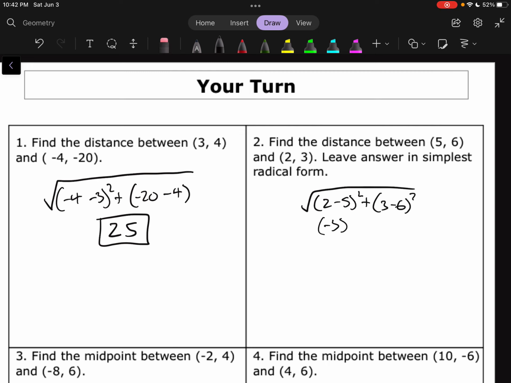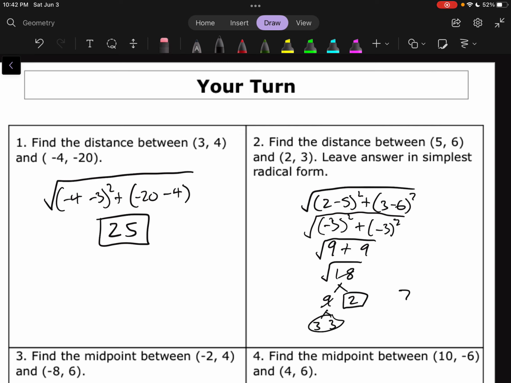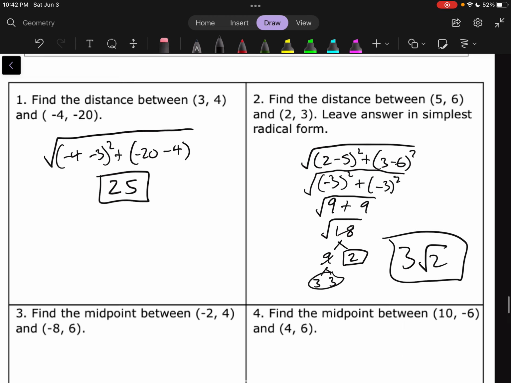That's -3 squared plus -3 squared. That's 9 plus 9. That's 18. If you break that down, you get 9 and 2, which gives you a pair of 3s. So this should have been 3 square root 2 as your final answer.